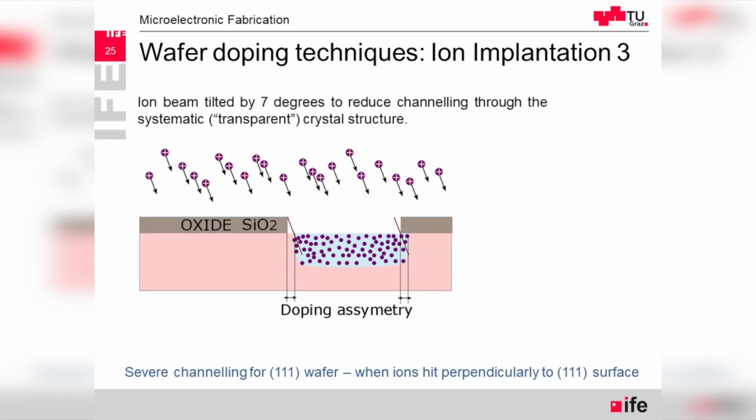In terms of the orientation of the crystal, again, it's important which orientation we choose, because in case of both diffusion and ion implantation, the depth of the propagation will also be influenced by this crystallographic orientation.